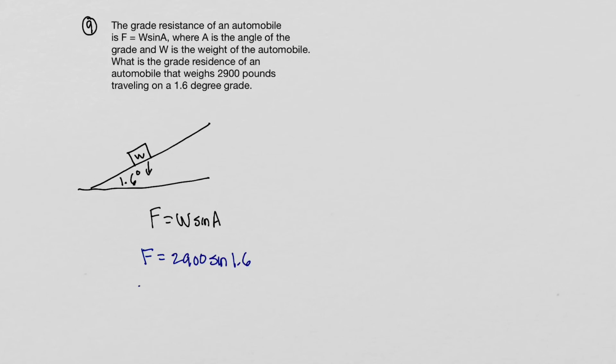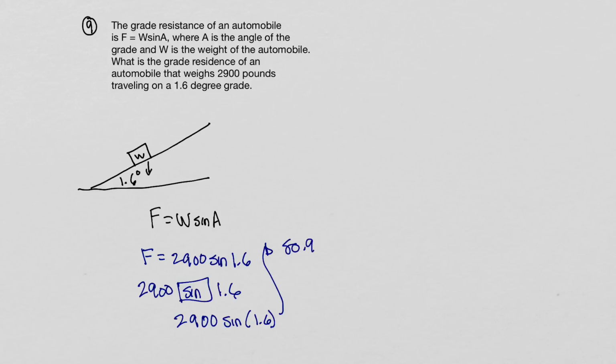So on our calculator, we're going to type in 2900, press the sine key, and then type in 1.6. So it's going to look like this: 2900 sine parentheses 1.6. If we round to one decimal place, I'm getting 80.97 dot dot dot. I'm just going to say it's 81 pounds.